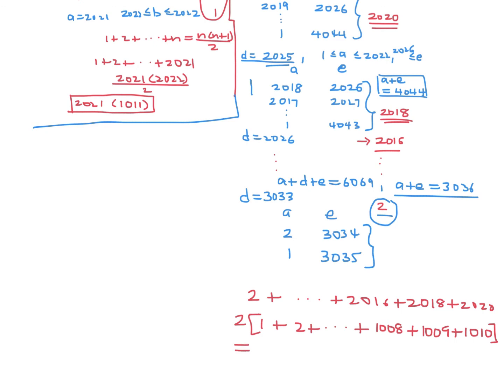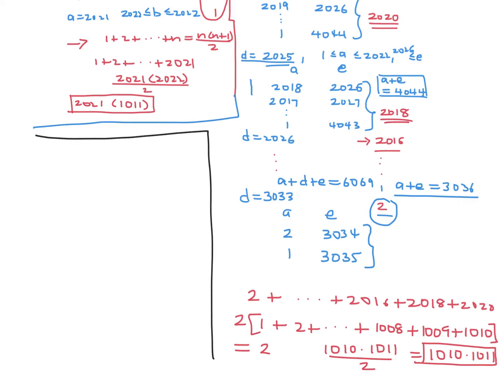And then we can use our handy dandy formula there. It'd be 2, and in the brackets it'd be 1010 times 1011 all over 2, and then the 2's cancel, so you just get 1010 times 1011. There you go. Now we have to add them all up. So let's go back and let's see what we had.